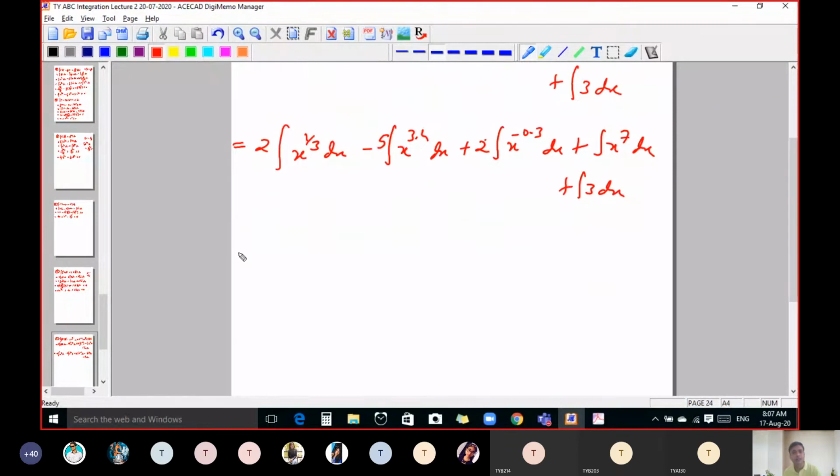Now x raised to 1 by 3, this 2 as it is, once again 1 by 3 plus 1, so take 3 LCM.